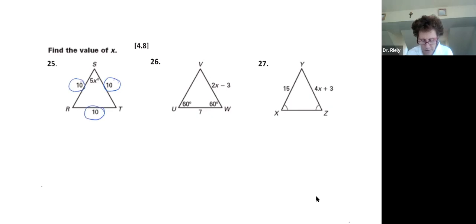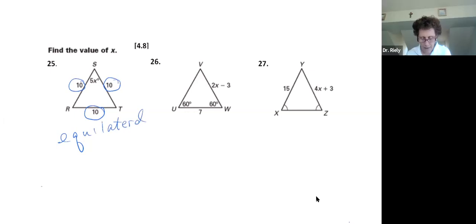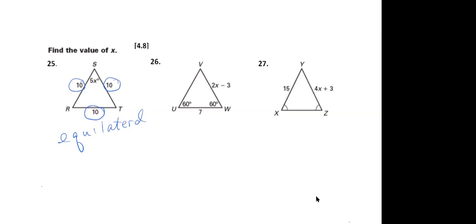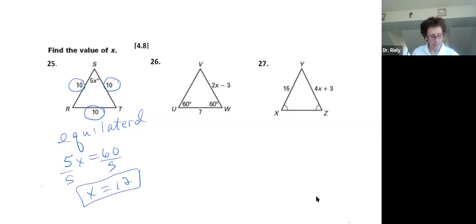If it's equilateral, it's also equiangular, and then all of the angles have to be exactly the same. How many degrees are in each angle if they all add up to 180? 60. Exactly. So take your 5x and make it equal to 60. Divide by 5, divide by 5. You should get x equals 12, because that will give you a 60-degree angle in each of the corners. Does that make sense?